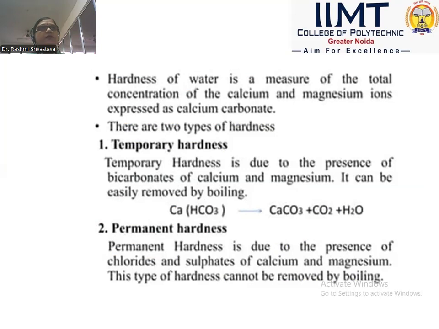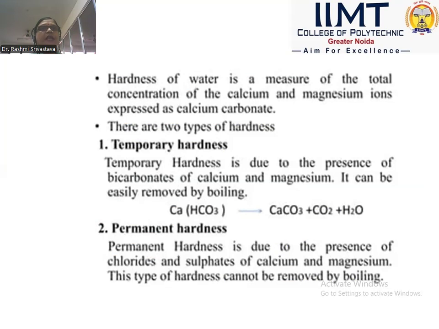The removal method of temporary hardness of water is simply to boil the water. Temporary hardness is due to the presence of bicarbonates of calcium and magnesium, and it can be easily removed by the boiling of water.